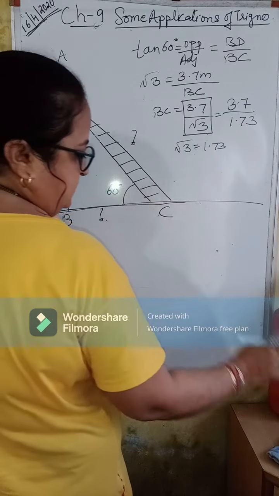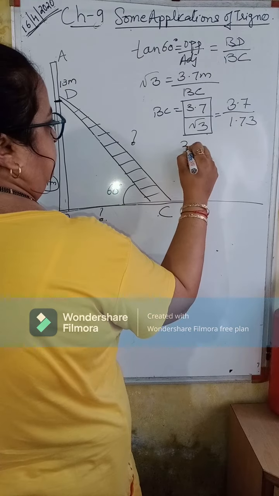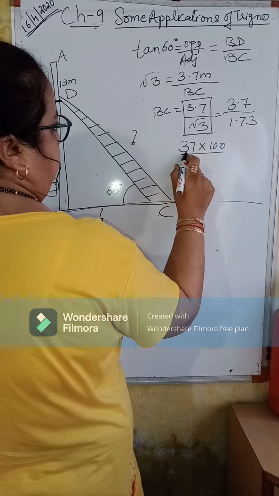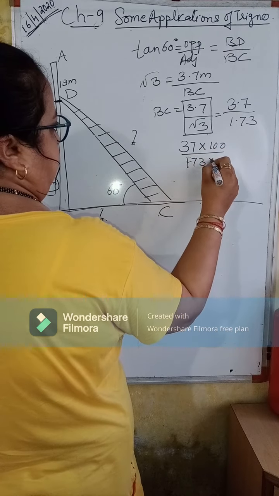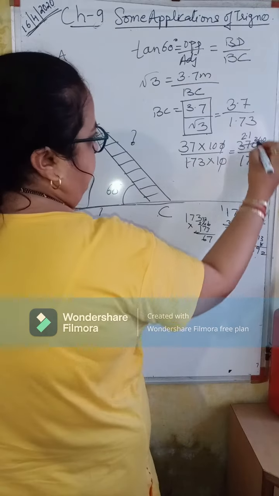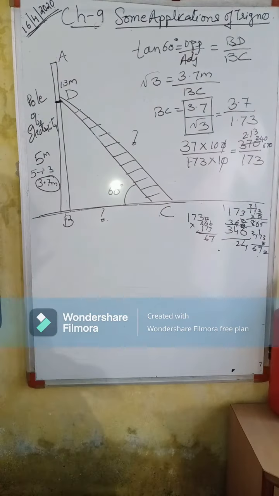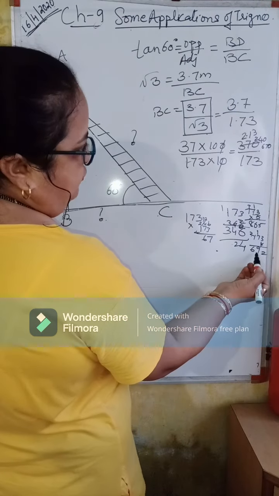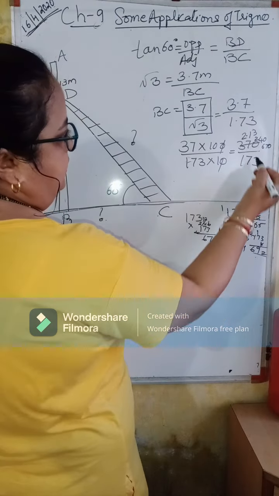So what will be your answer over here? So 3 I think. 2.13 or 14, whatever you can take. 4 will go more I think. So you can take 3.